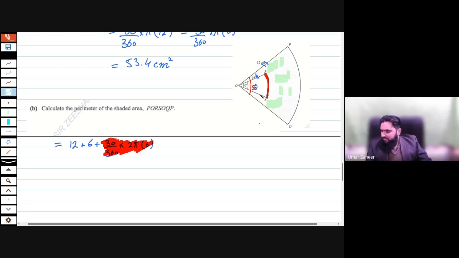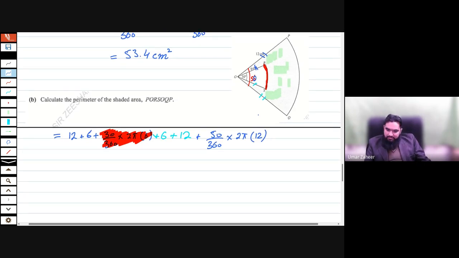The next is RS, that is again 6, so plus 6 plus 12. After that, you have again a sector arc length. That is angle 50 degrees divided by 360 multiplied by 2 pi r, and r in this case is 12. I'm talking about this arc.